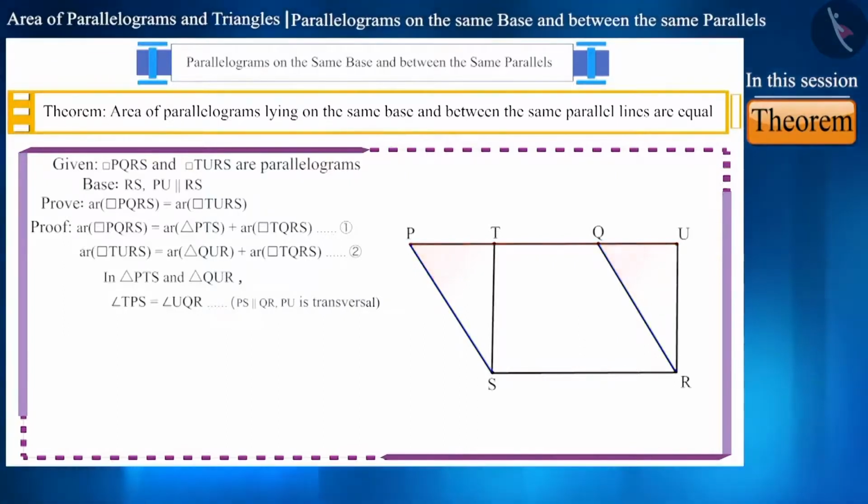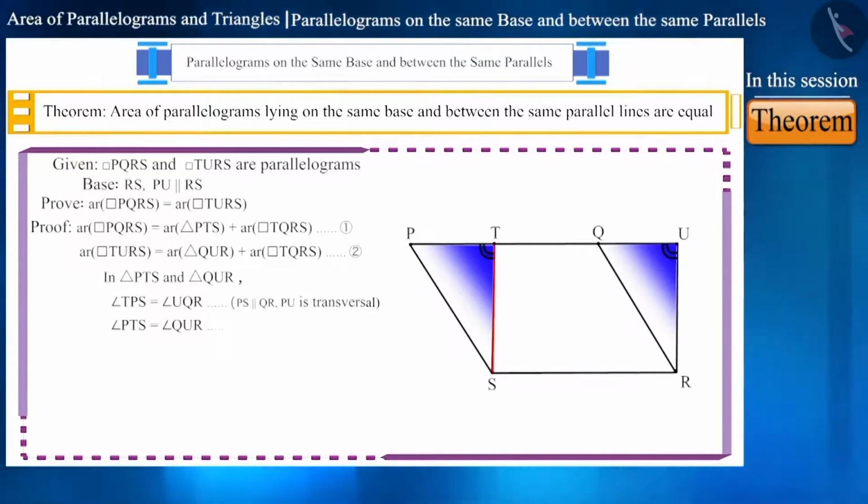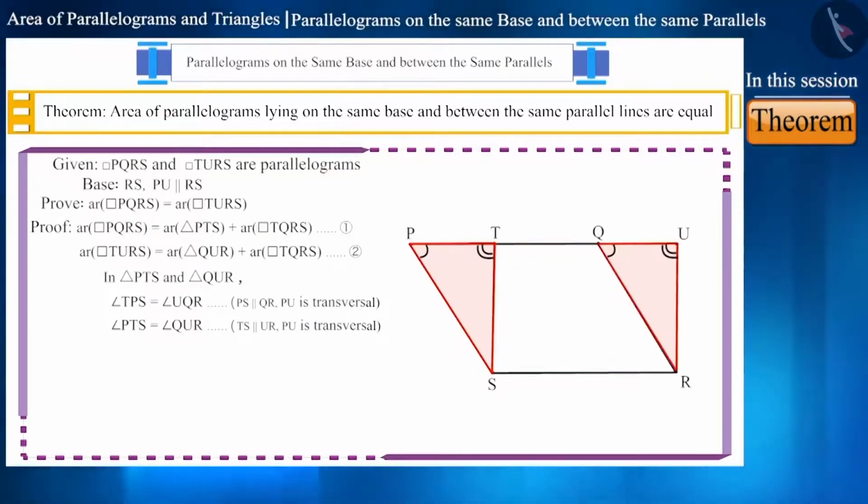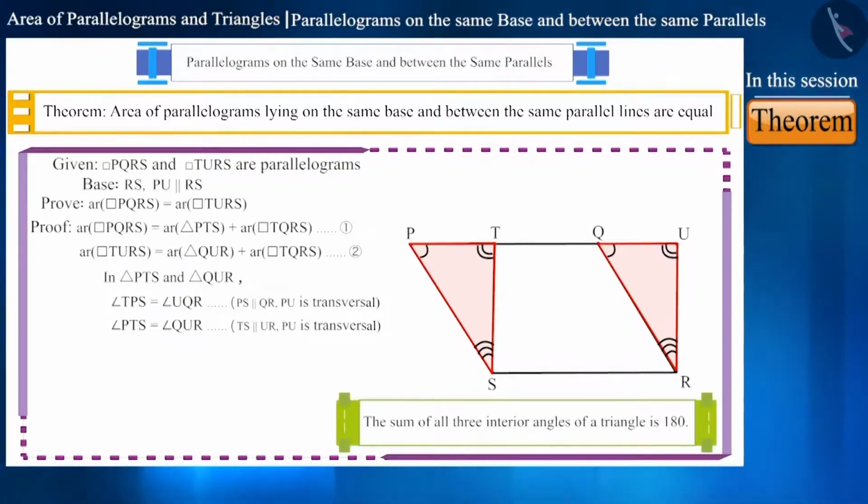Similarly, angle PTS is equal to angle QUR because TS is parallel to UR and PU is a transversal, because of which these angles are making a pair of corresponding angles. Since two angles of this triangle are equal to two angles of the other triangle, therefore, the third angle will also be equal because we know that the sum of the three internal angles of a triangle is 180 degrees.